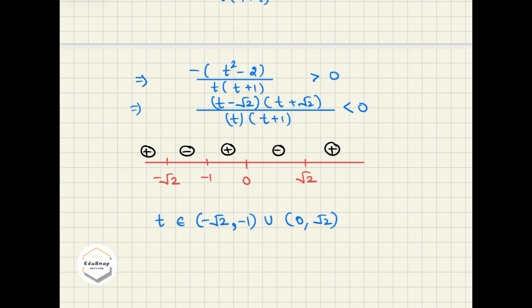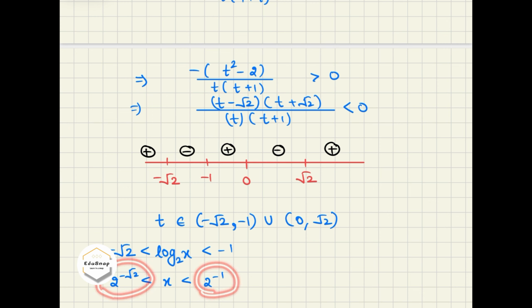But in this problem, we have to find the x. So let's replace the t. If you replace the t, you will have this one, that is log x to the base 2 will belong to this interval, and after simplifying you will have x 2 raised to power minus 1, and this is going to be this. Okay, and why did we write it down?